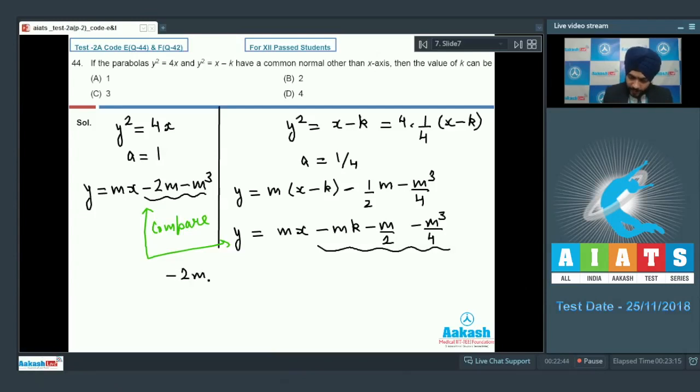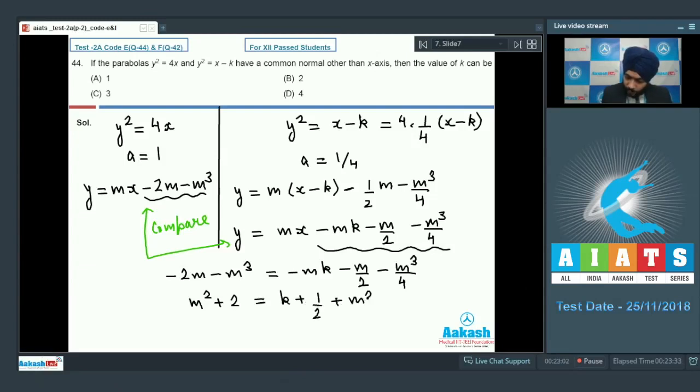So minus 2m minus m cube is equal to minus mk minus m by 2 minus m cube by 4. Again I told you we can neglect m equal to 0, so m can be cancelled. I get m square plus 2 is equal to k plus 1 by 2 plus m square by 4. So from here k will be equal to 3m square by 4 plus 3 by 2.